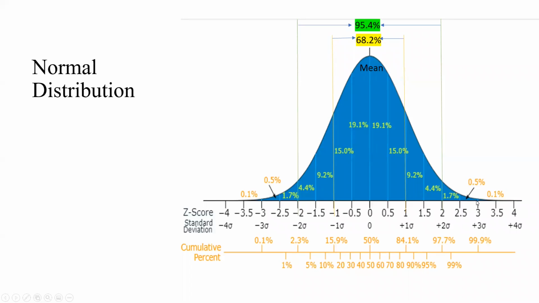In this critical region, we reject the null hypothesis. Do you see these z-score values here? These are the values we use to compare whether my sample statistic falls in the critical region or outside the critical region.